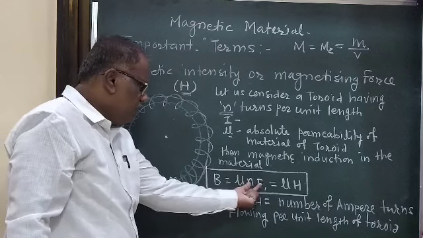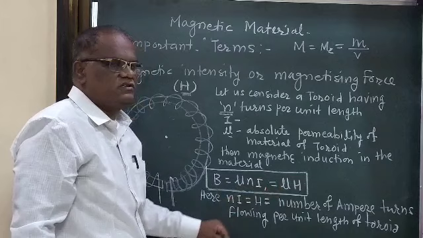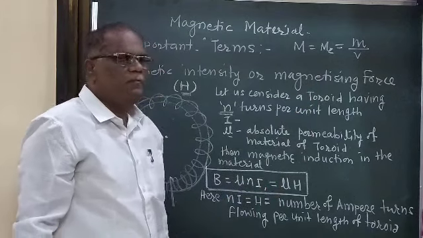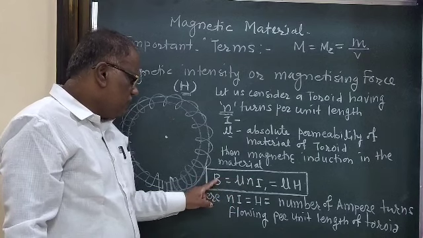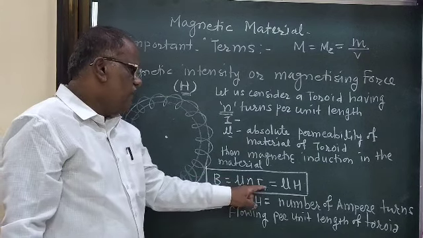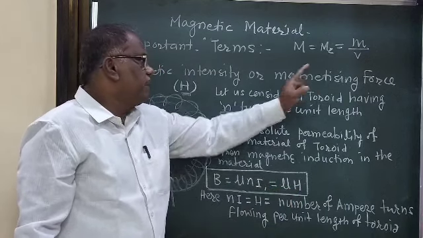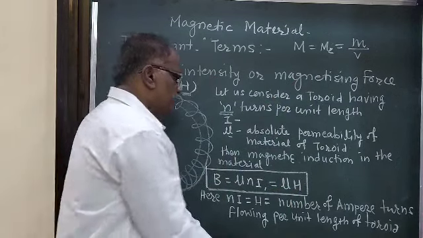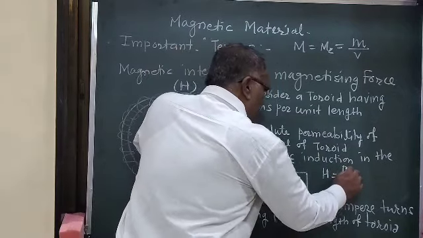Now here Ni can be represented as H. Here H is magnetizing force. Hence our equation becomes B is equal to mu Ni, or mu H. H is called magnetizing force, and it can be written as H is equal to B upon mu.